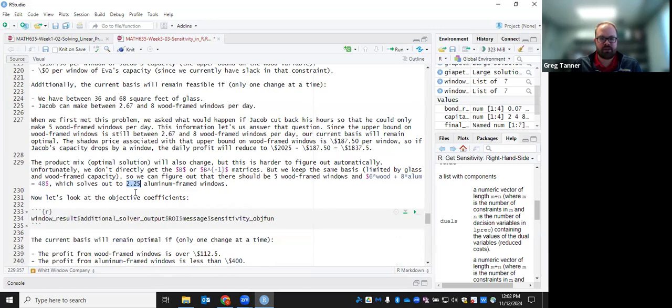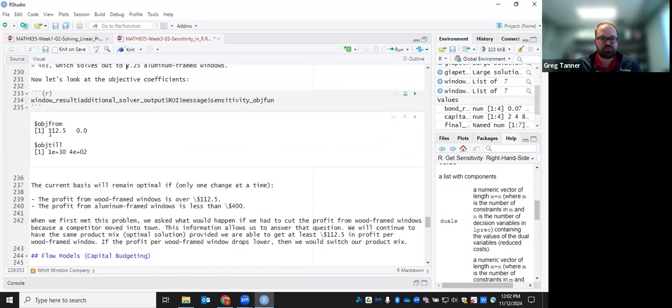If we look at the sensitivity for the objective coefficients, we get a lower bound for both of them, and we do see an upper bound for aluminum framed windows.